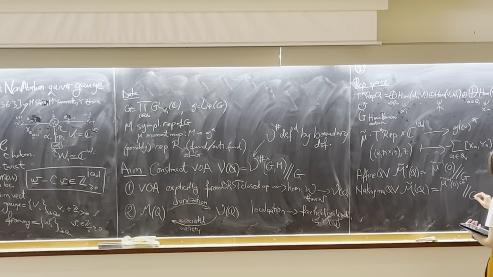And then the ordinary vertex algebra will be defined from the global sections, the finite part with respect to H bar, and then setting H bar equal to 1.